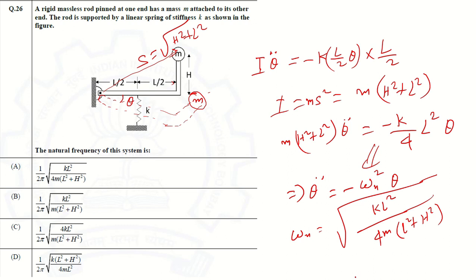And omega n is equal to 2 pi f n. We have to find out f n, right? Because the options are given according to f n.